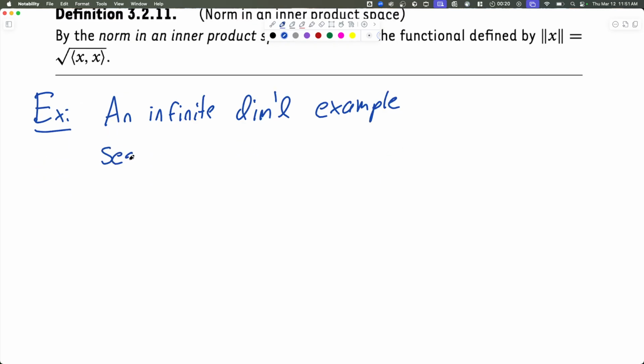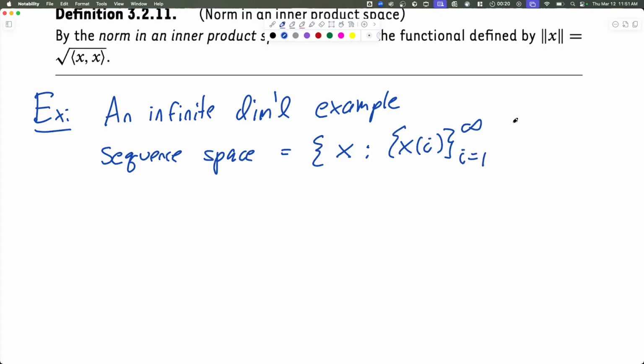I'm going to write the set of all x, such that xi is a sequence, with brackets, i going from 1 to infinity. So every element of the space is itself a sequence.